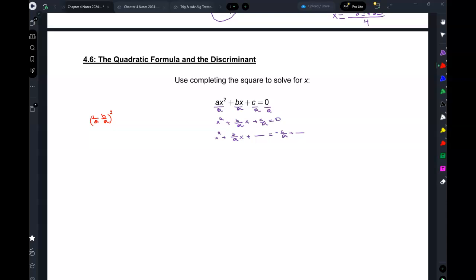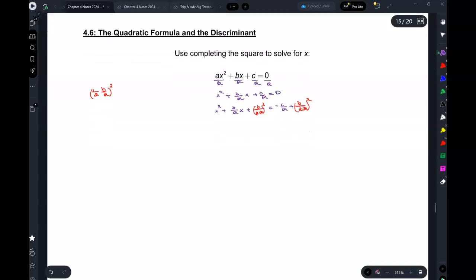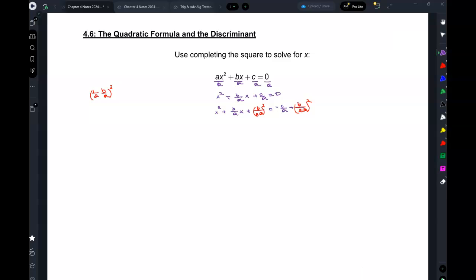So that is going to be b over 2a squared. We're just going to leave it like that for the time being. So here too, b over 2a squared. Cool?